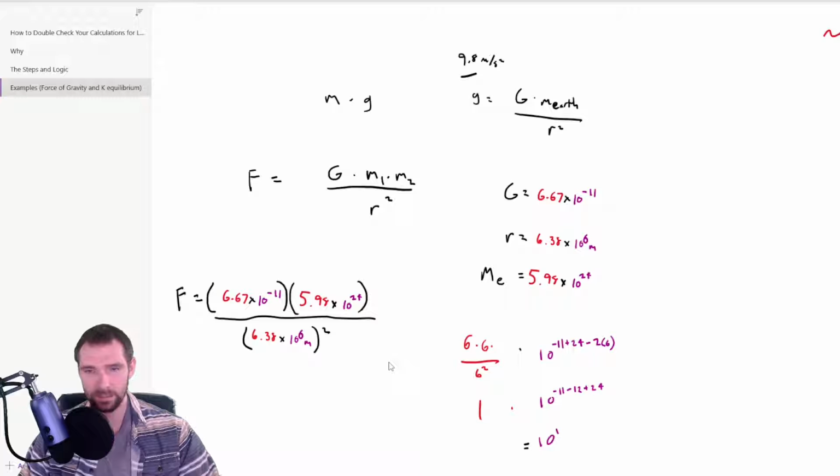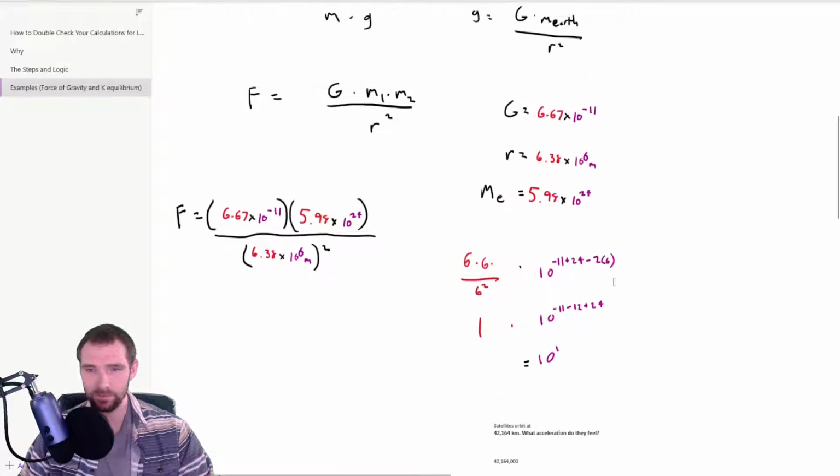And then we've got 10 up to the negative 11 plus 24, and then minus 2 times 6, right? And so I've just rearranged that a little bit here. We've got negative 11 minus 12 plus 24. So that's negative 13 plus 24. Or actually, sorry, negative 11 plus negative 12 is negative 23, plus 24 is a positive 1.